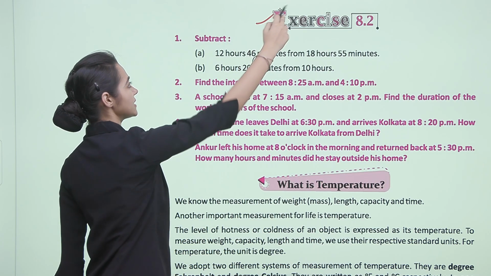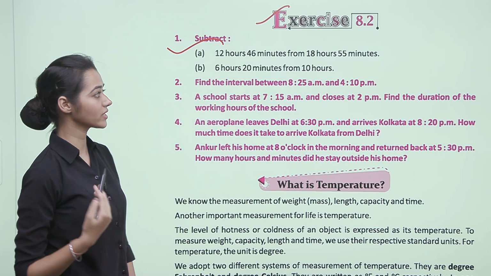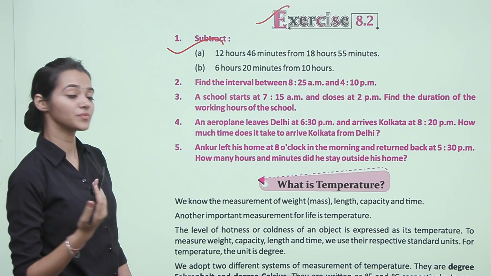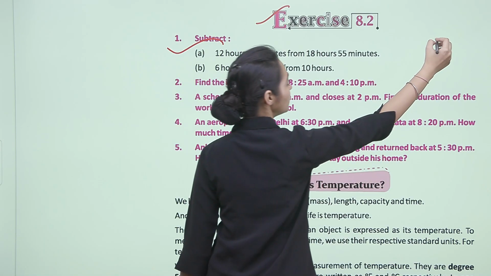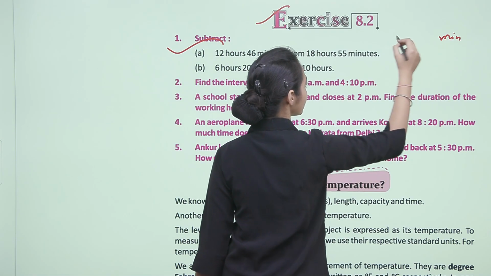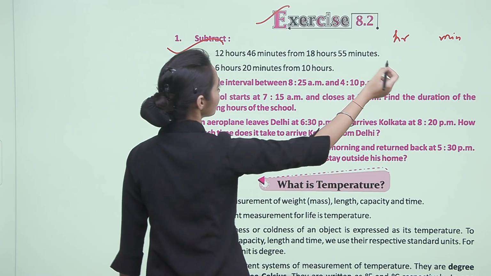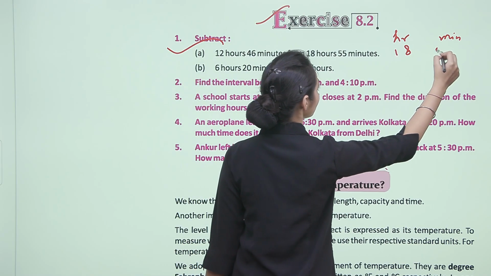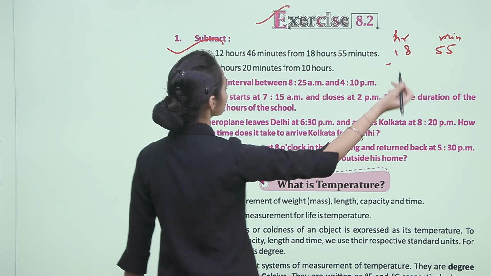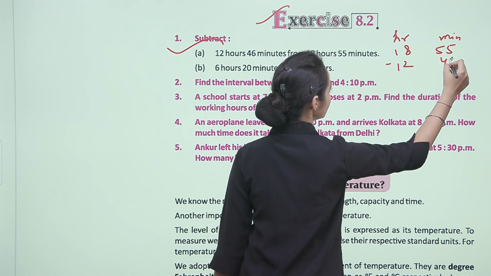Now let's look at exercise 8.2. In the first part, we have to subtract this from this term. So firstly, here is our minute column, here is our hours column, and we have to subtract 18 hours 55 minutes minus 12 hours 46 minutes.